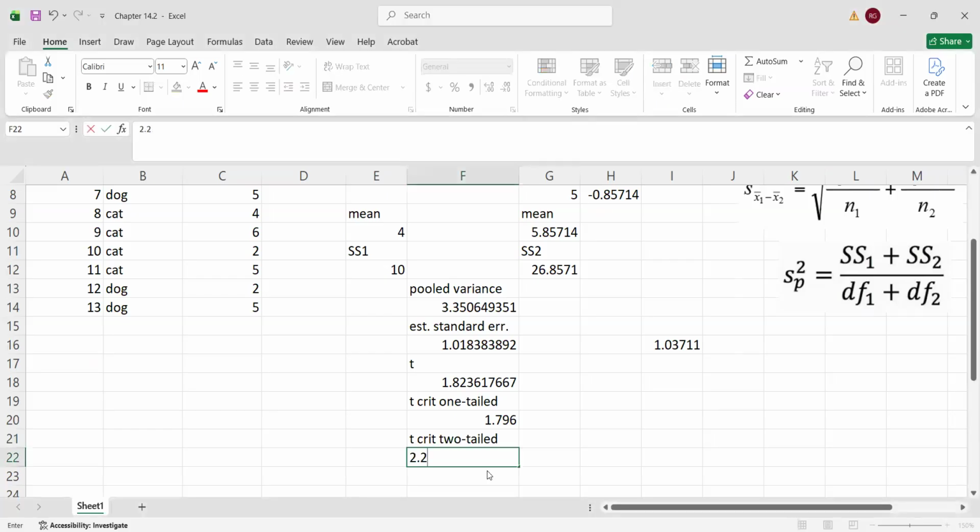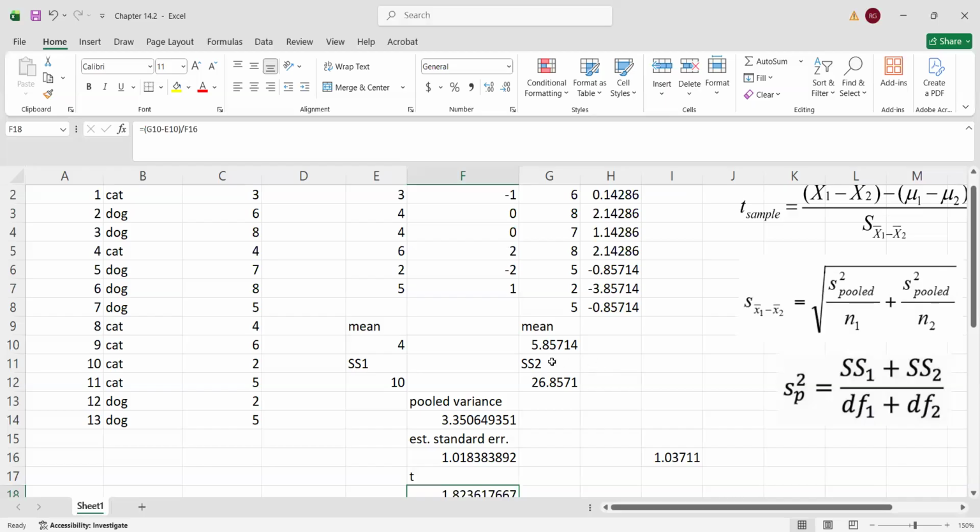2.201. So if we were making a two-tailed hypothesis and a two-tailed test, would we have found significance? Would we have rejected the null hypothesis? No, we would not, because our observed t of 1.82 is not more extreme than the critical value of t, 2.201. So we would have actually gotten a non-significant difference, meaning we failed to reject the null hypothesis.